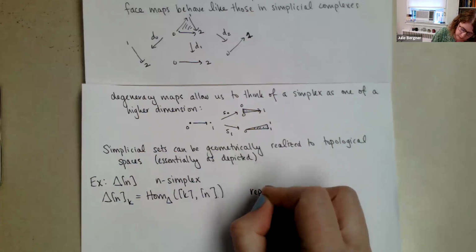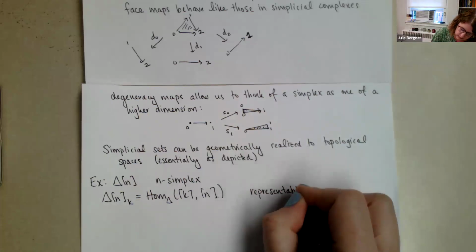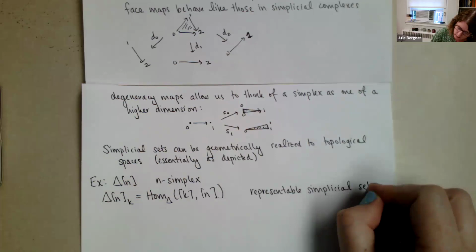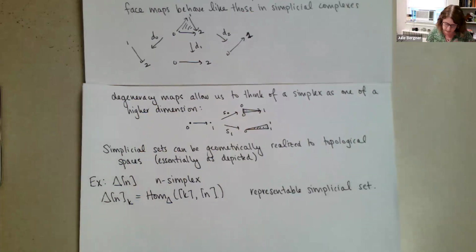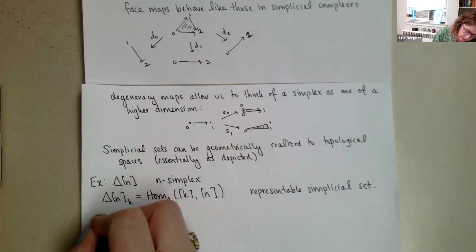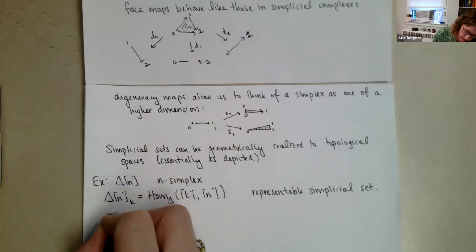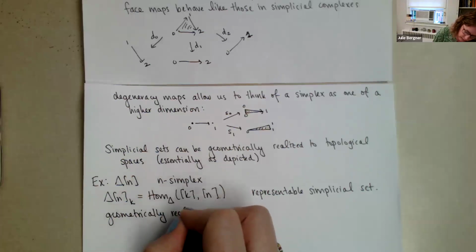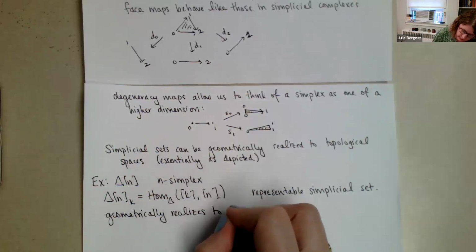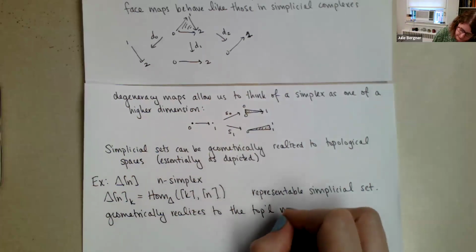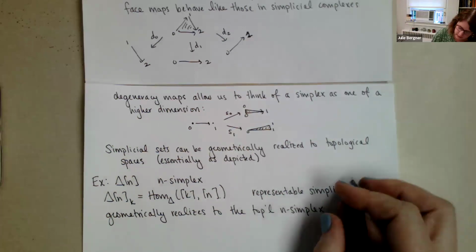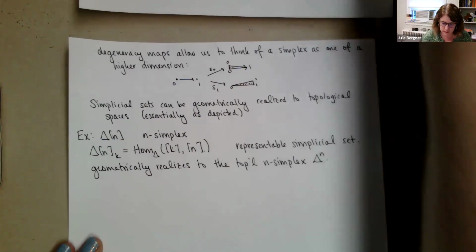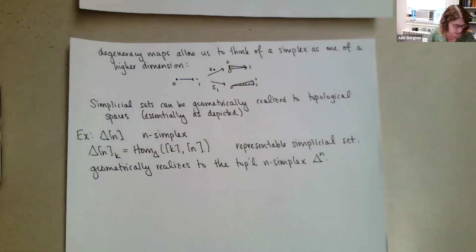This is the representable simplicial set, a representable functor from delta op into sets just by mapping into a fixed n. And this does exactly what you want under geometric realization. It geometrically realizes to the topological n simplex that you know and love, which I'll write as delta n.